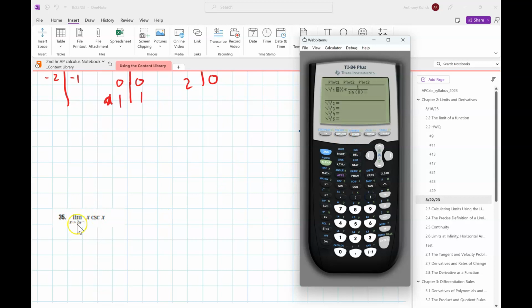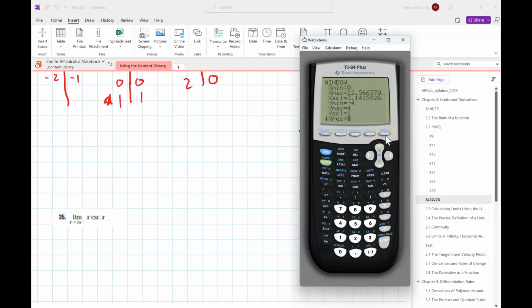And we're looking at approaching 2 pi from the left. So I'm going to set my own window here, I think. I'm going to go from like 0 to 4 pi, and I'm going to go by pi's or something. And then just go from like -4 to 4 is probably sufficient.